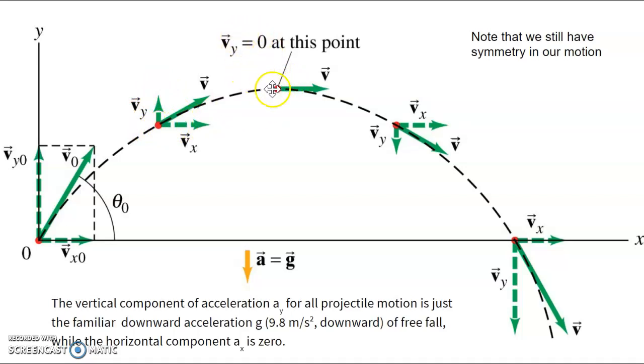So at the peak of an object's trajectory, the y component of its velocity is 0, which is actually what we saw in 1D motion. So just be careful. A lot of times you might think, oh, at the object's peak it's not moving. That's only the case if we're analyzing the vertical component of its motion. So if an object's only traveling straight up and down, yes. But since here it's traveling two-dimensionally, its y component is 0, but its horizontal component is not.